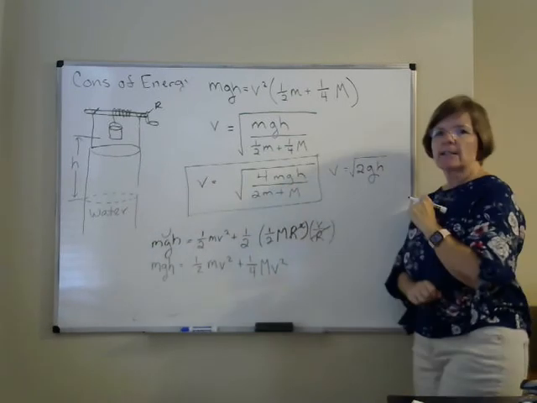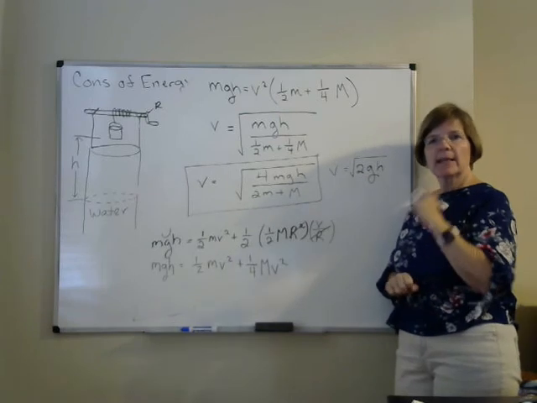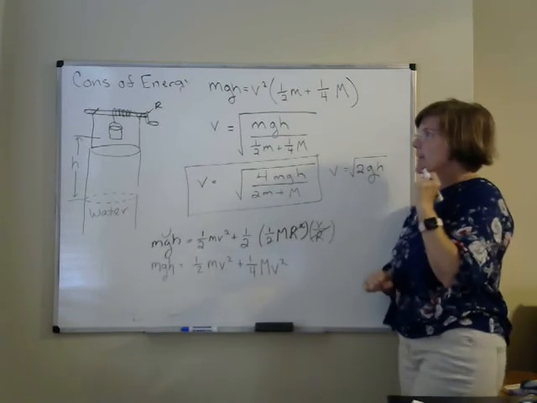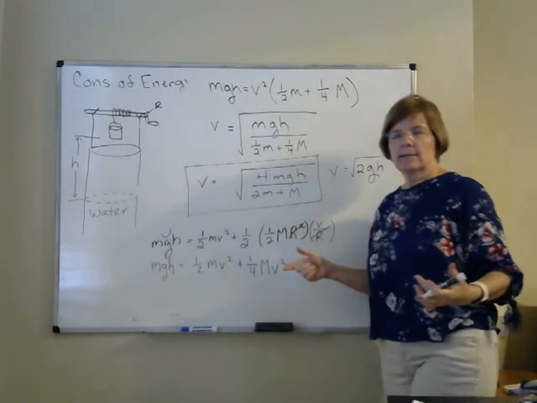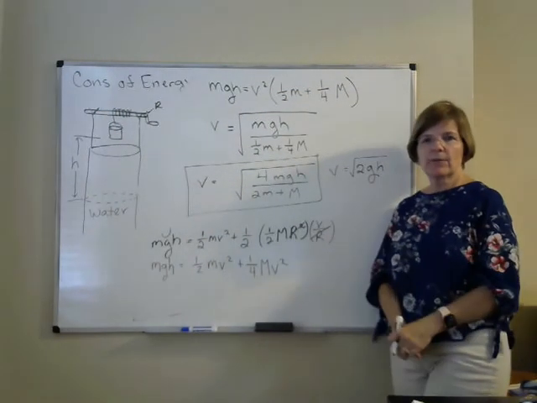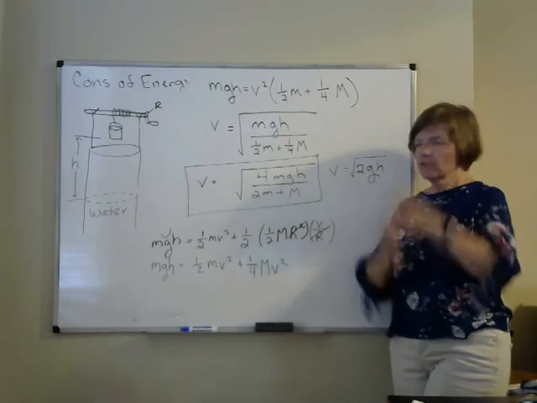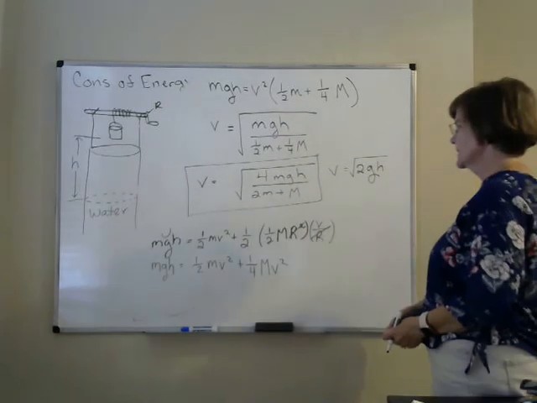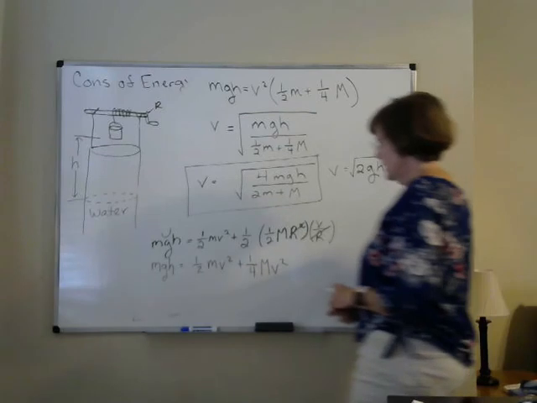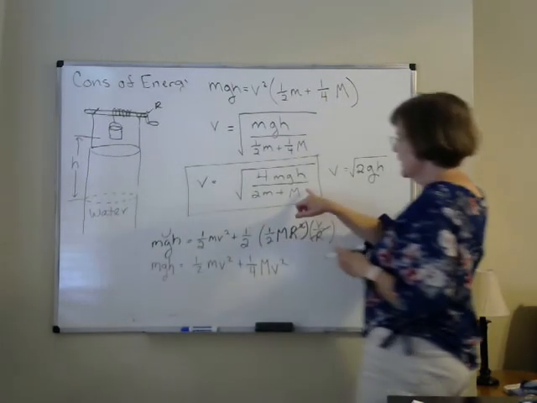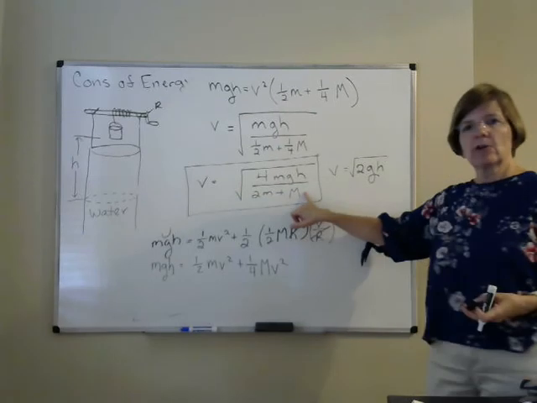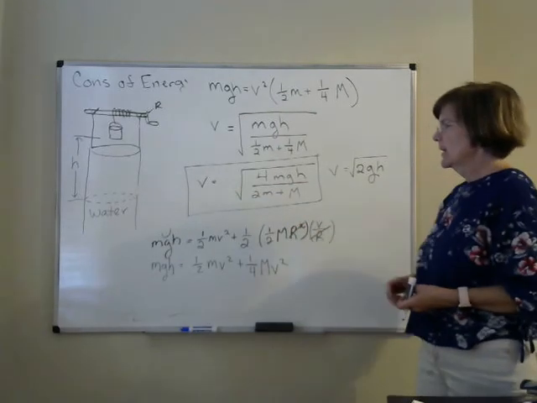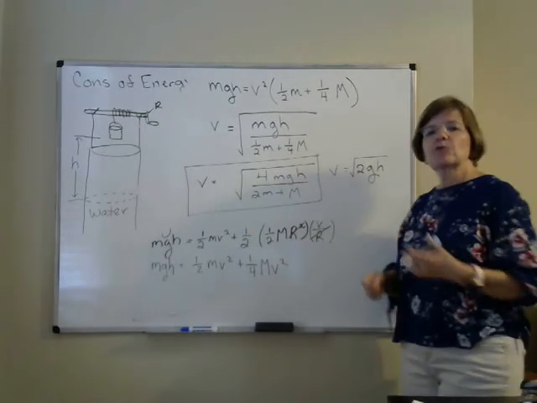That's the velocity for free fall. So that makes sense. If this rod up here had no mass, well, then the bucket would be in free fall. It'd just be falling. On the other hand, we can also see if M gets really, really heavy, infinitely large, much, much bigger than m, the velocity would be virtually 0.